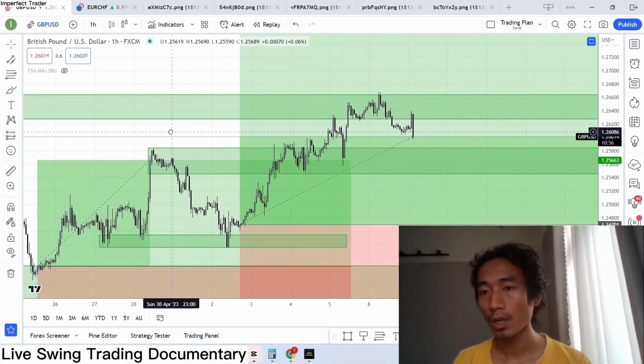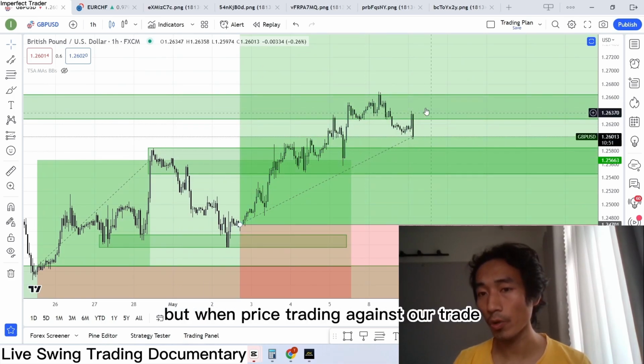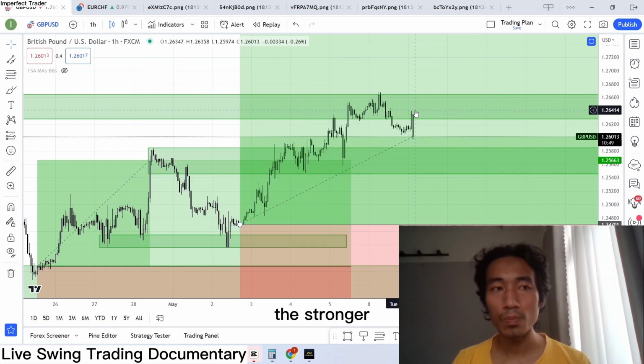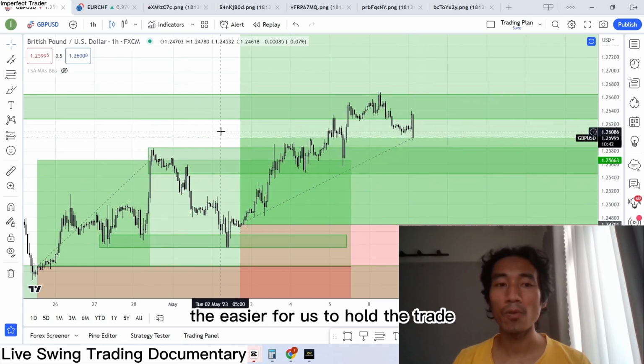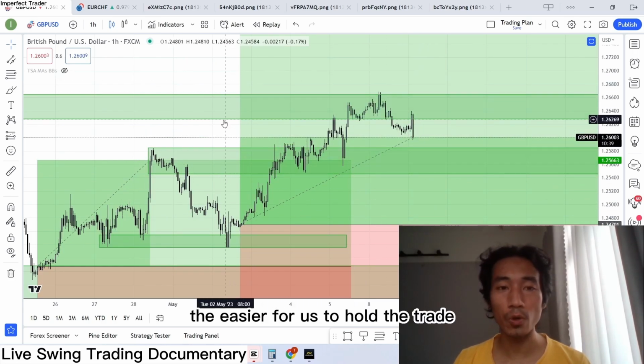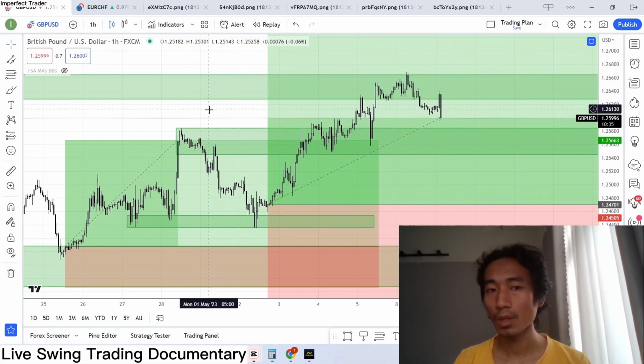Not really drawdown, but when price is trading against our trade, the stronger the reason we have to enter the trade, the easier it is for us to hold the trade to a new high or to a higher target.